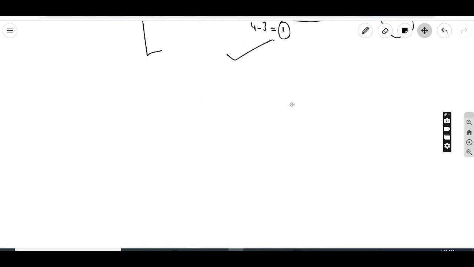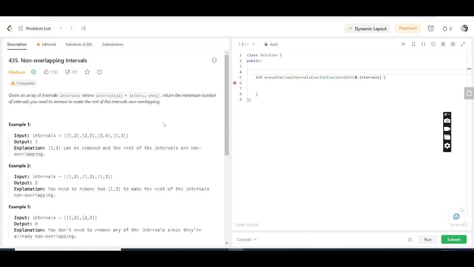So let's take the second example which we have for this problem. The second example is 1 2, 1 2, 1 2, right? That means what we have here, we have 1 2, 1 2, 1 2.